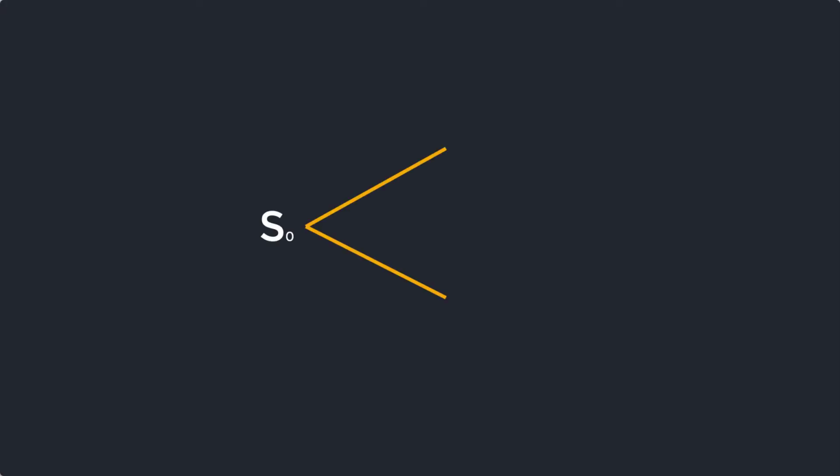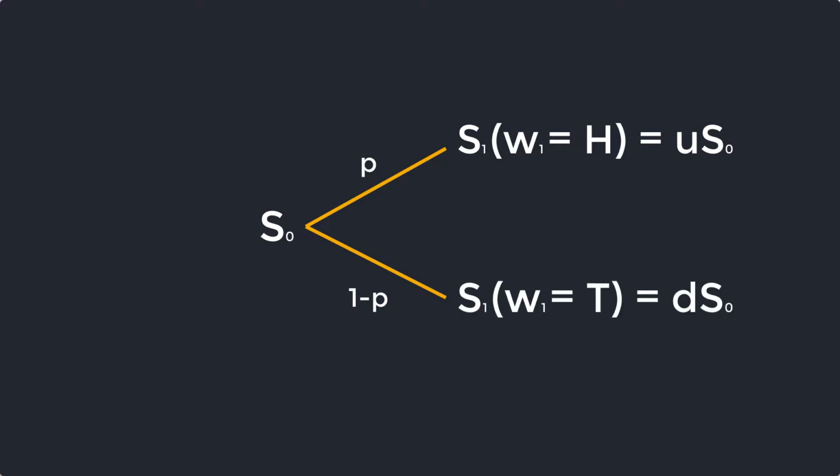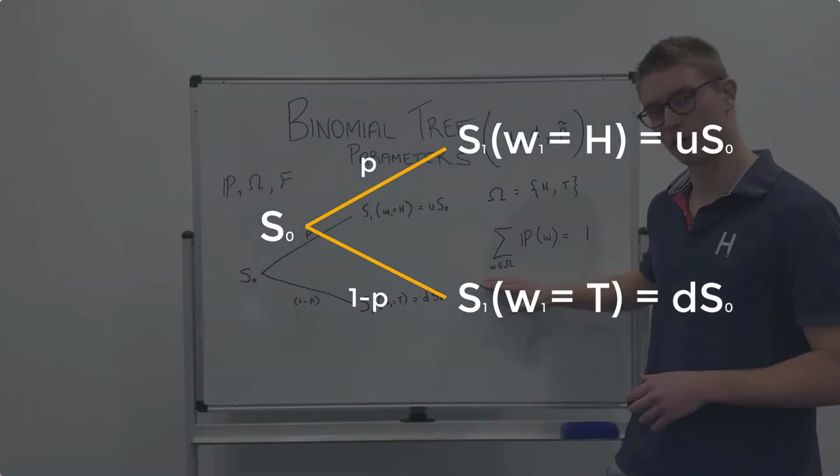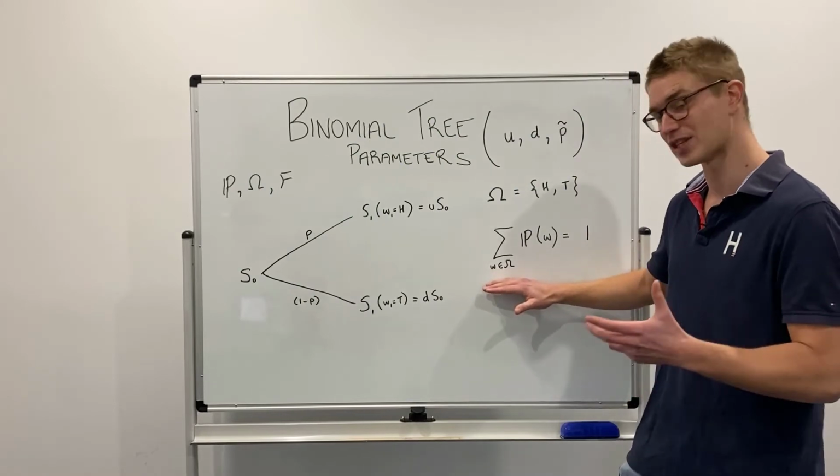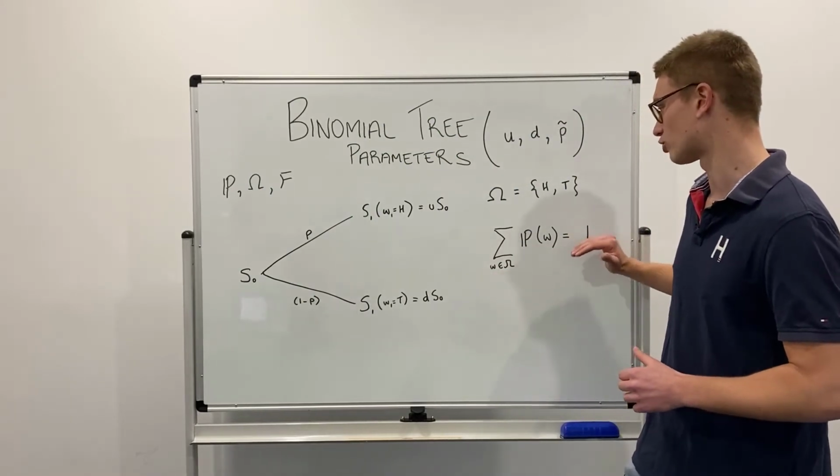They have physical probabilities that we can see here, P and 1 minus P. We start off with an asset price of S0. If we get heads, then it's the up factor times S0. If we get tails, then we have the down factor times S0. It's really important to understand that the sum of the probabilities of all these outcomes, the physical probabilities, has to be equal to 1.